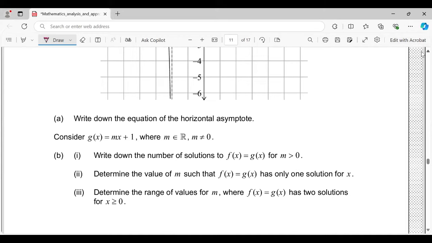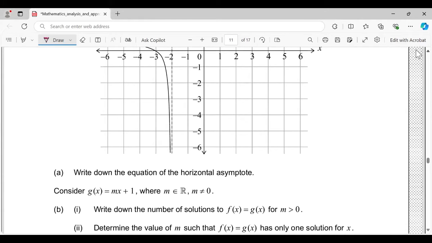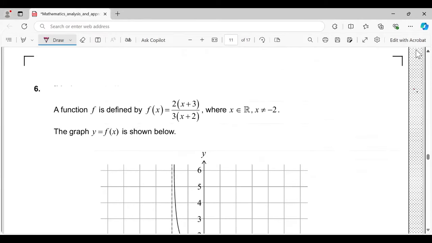Horizontal asymptotes we can find by comparing the leading terms. Okay, to compare the leading terms, y equals (2x plus 6) over (3x plus 6).